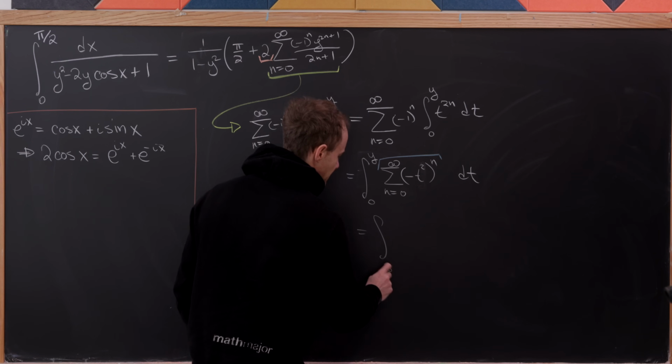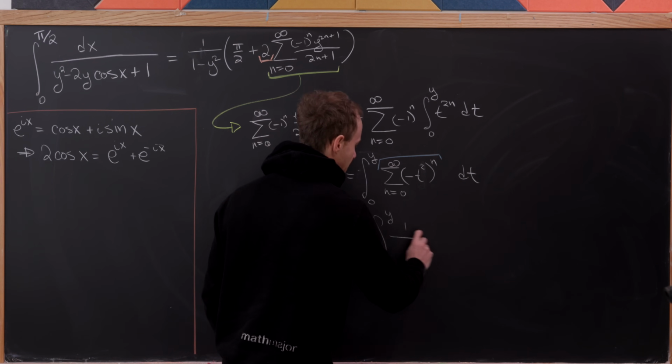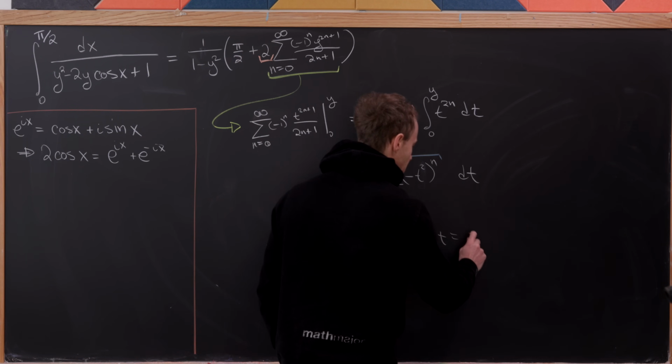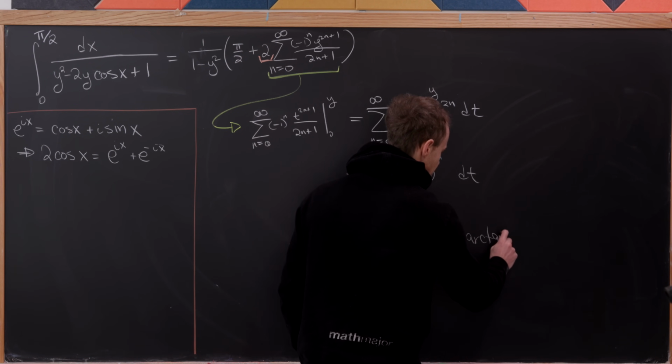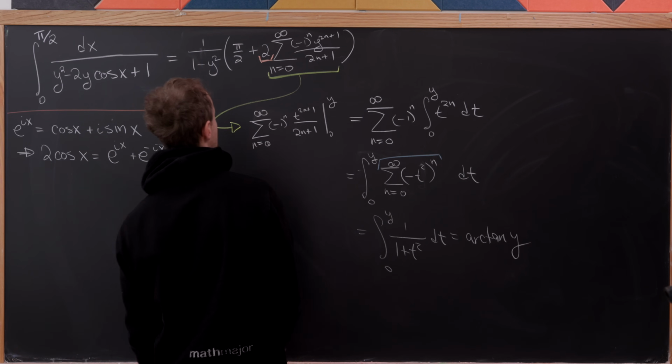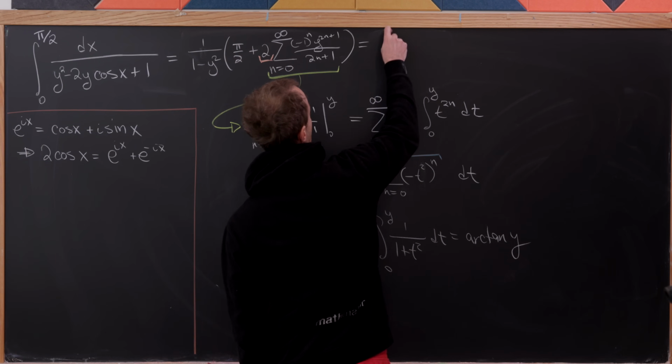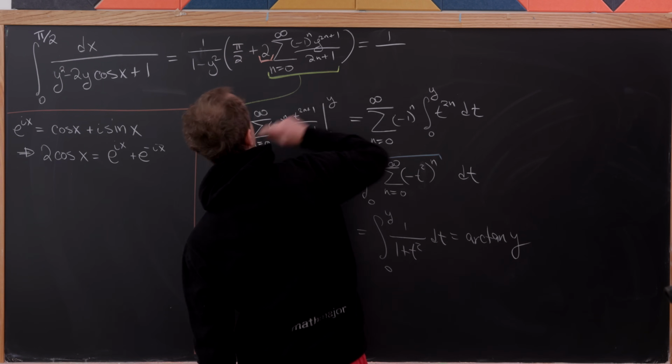So that's going to leave me the integral from 0 to y of 1 over 1 minus negative t squared, or 1 plus t squared, dt. But that's clearly equal to the inverse tangent, the arctan of y. So now we can put that back into the expression that we have right here.